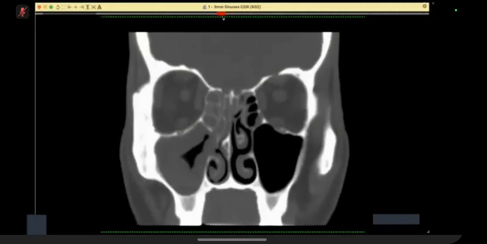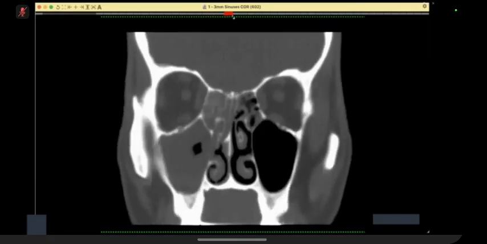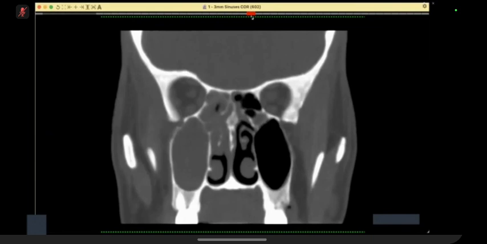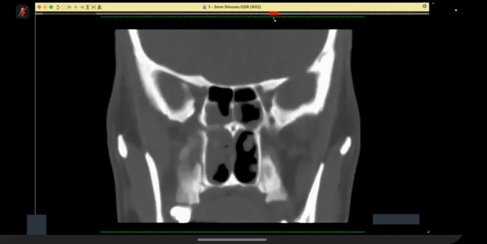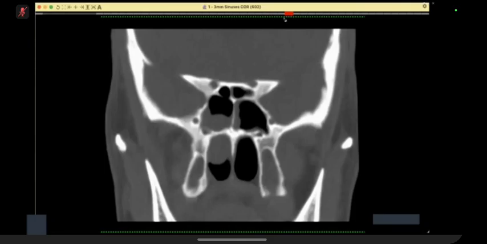So a summary of my findings are, at the upper lateral area of the right orbit, there is a soft tissue density mass with surrounding fat stranding, as well as opacification and expansion of the right maxillary sinus, and further opacification noted within the sphenoid and nasal sinuses, as I mentioned earlier.